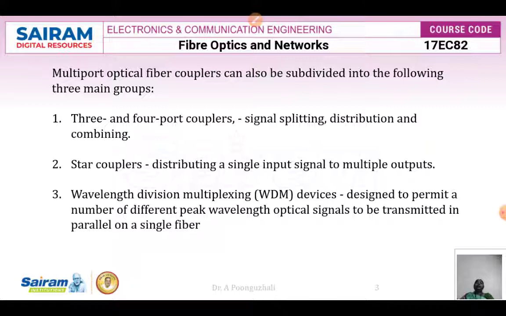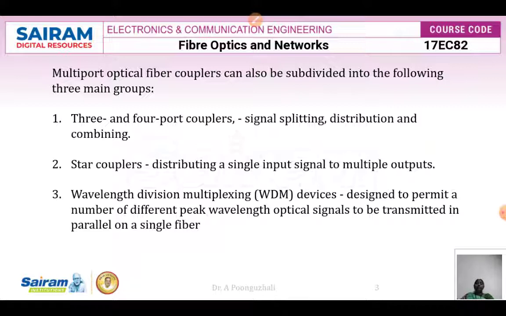Here your multi-port optical fiber couplers can also be divided into the following main groups. One is 3 and 4 port couplers, where we have signal splitting operation, distribution and combining of the optical signals. In a star coupler, a single input signal is distributed to multiple outputs.